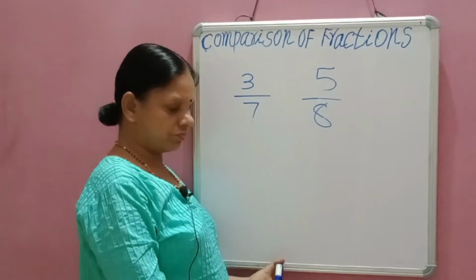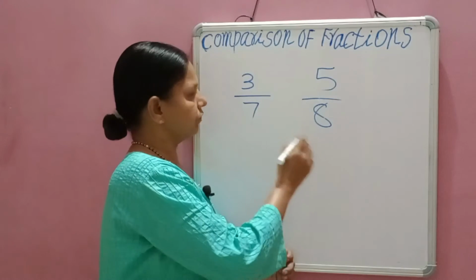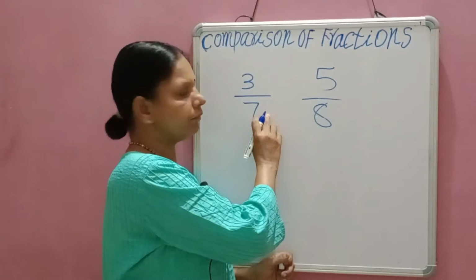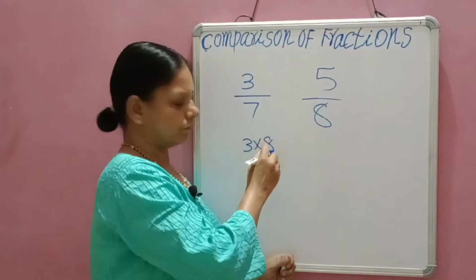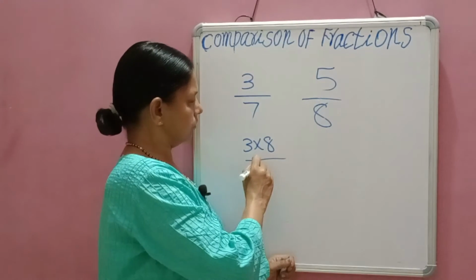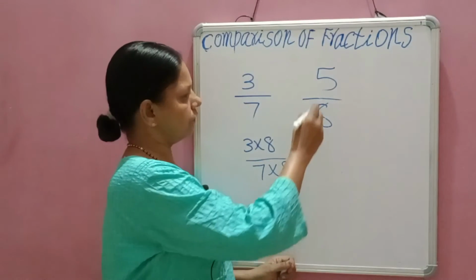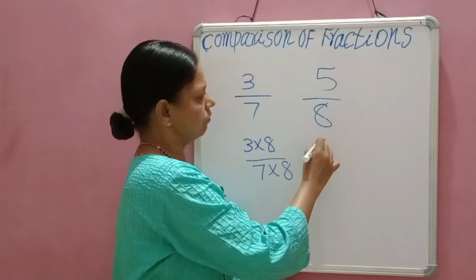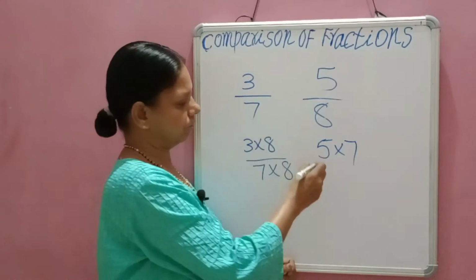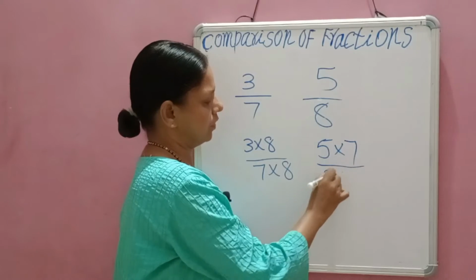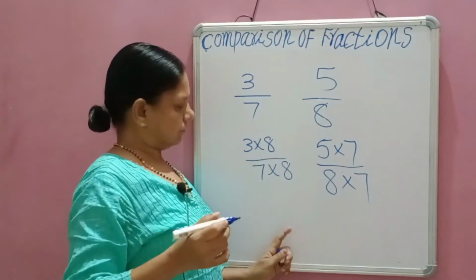Make equivalent fractions such that both the denominators are same. So which number do you have to multiply here? 3 into 8 upon 7 into 8. Here which number? 5 into 7 upon 8 into 7. Clear?